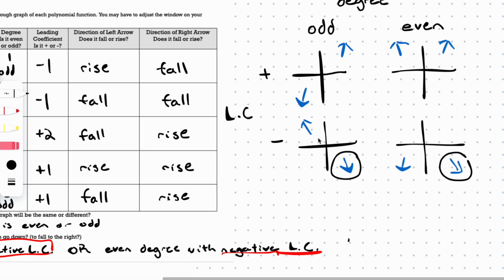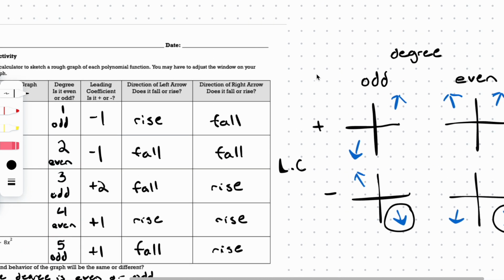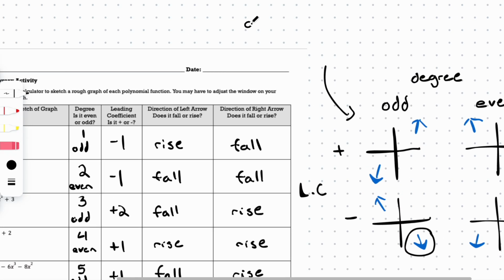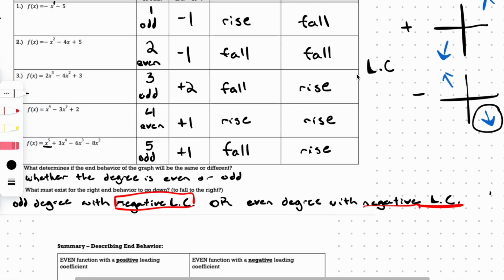So for this specific scenario, we'd say as x goes to negative infinity, f of x, or y, goes down all the way until negative infinity itself. Okay? That's just our notation. We'll practice this right now.